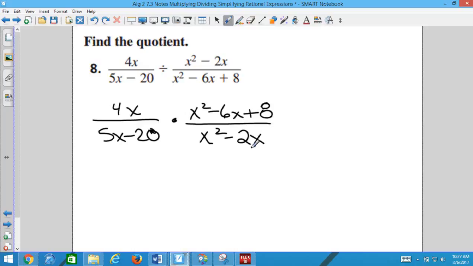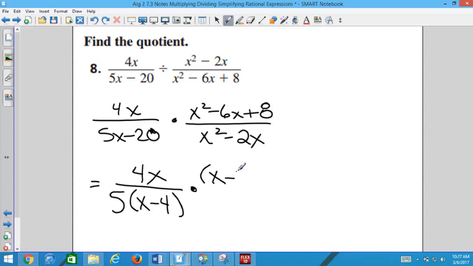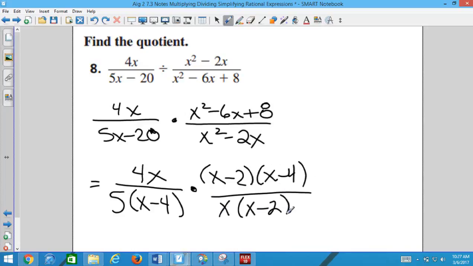Okay, so then my next step is I'm going to factor things. I'm going to have 4x over 5 GCF x minus 4. Multiply that by, on top we're going to do guess and check, x minus 2, x minus 4. On the bottom I'm going to take out x minus 2.